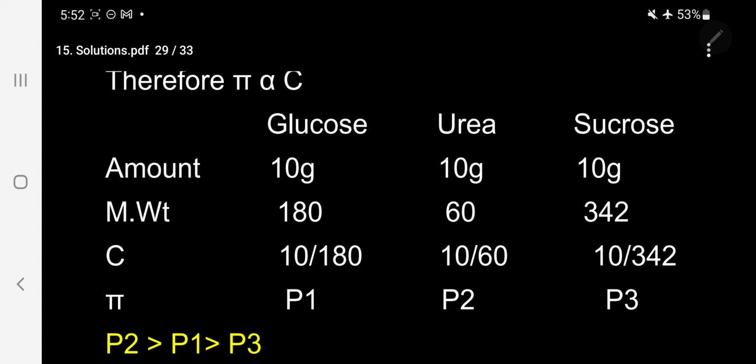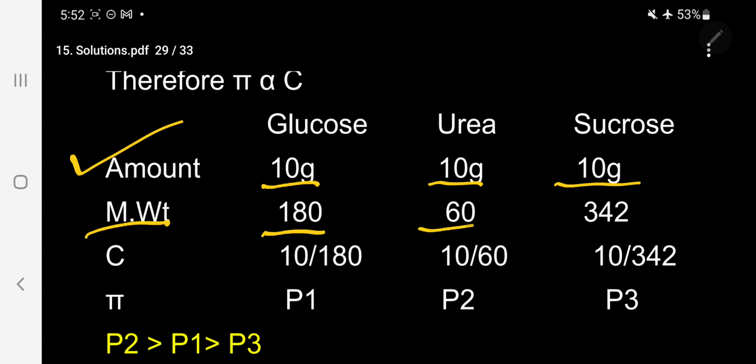I am putting them in table form. The amount is constant, always 10 gram. This is the way to approach it quickly. Molecular weights: glucose 180, urea 60, and sucrose 342, since 180 plus 180 minus H2O gives the disaccharide, 342. What is the molarity? What is the formula?